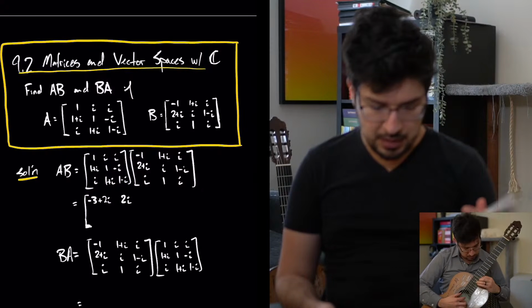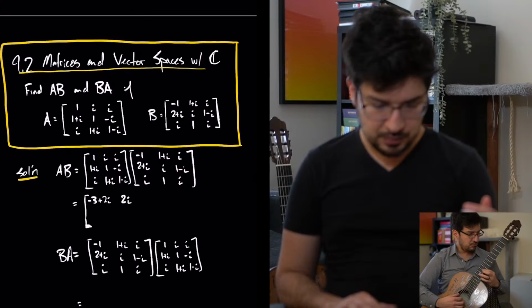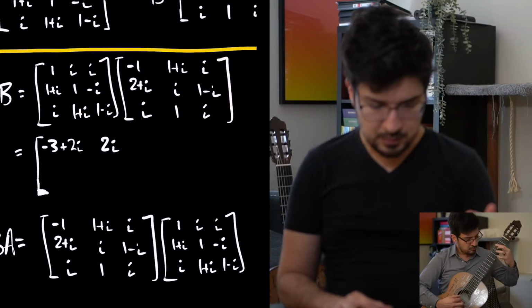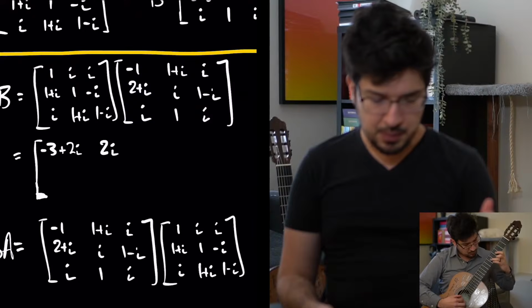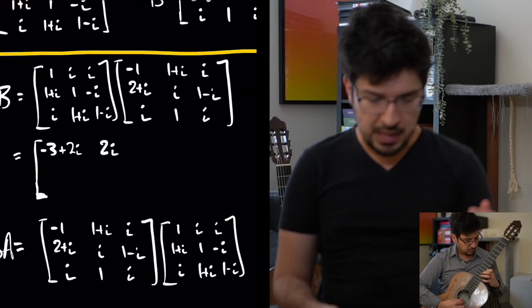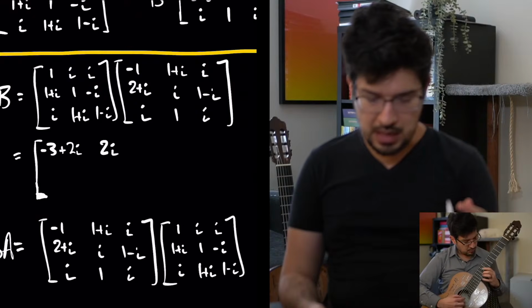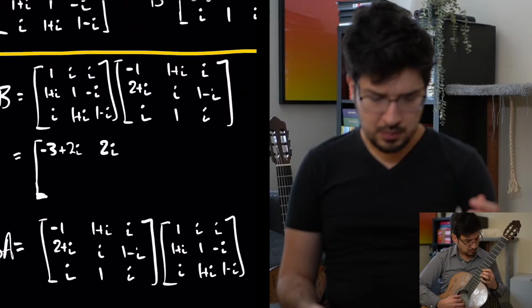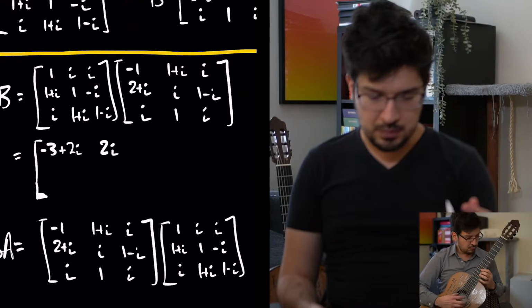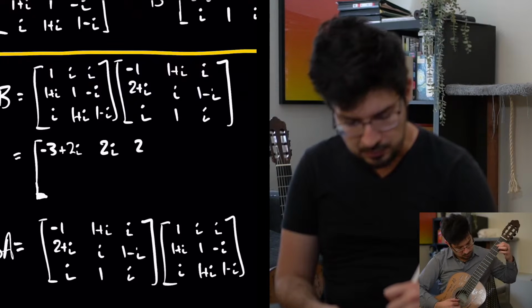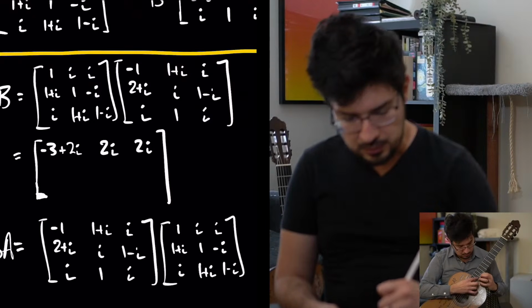And then in the top right entry, we have i, 2i plus 1, 2i. Yeah.